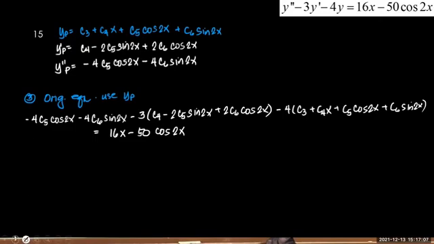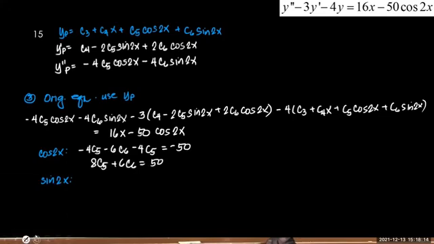So what I would do here is equate coefficients again. So let's try those with cosine of 2x. Let's just fix this. I can see that this one is 8c5 plus 6c6 is positive 50.